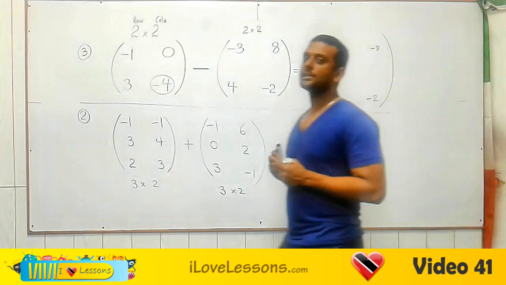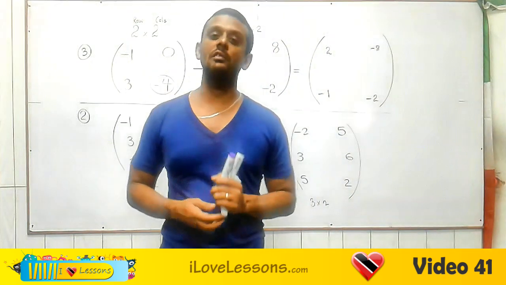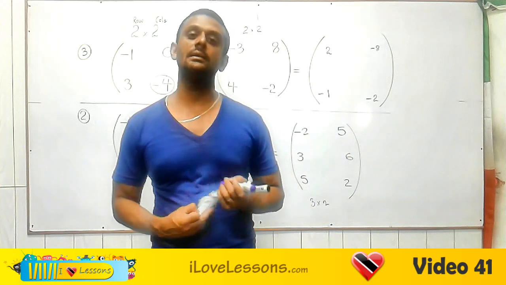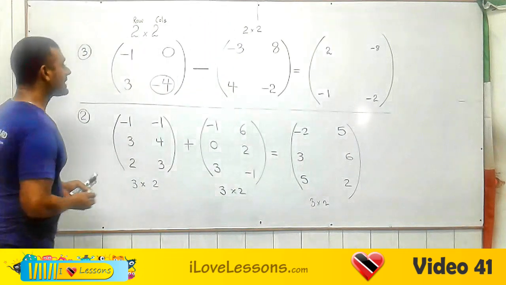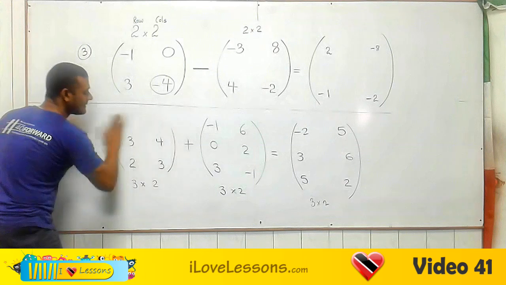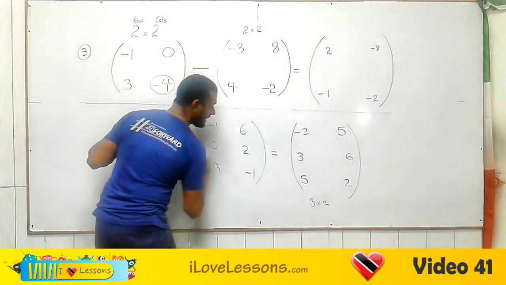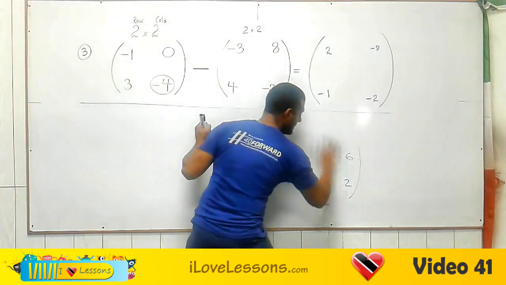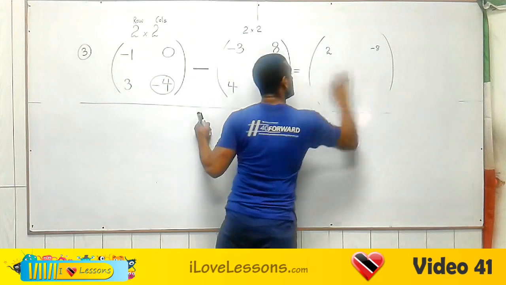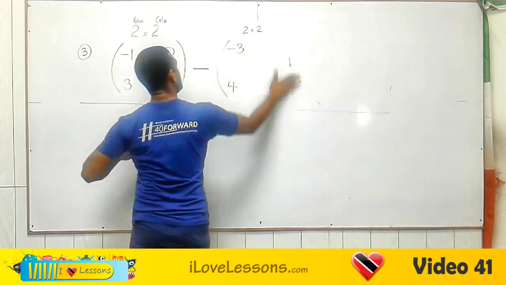So you see, with subtraction, you just have to be on the lookout for the two negative signs coming together. Let's try a slightly harder example regarding addition and subtraction. This will be question 4 if I'm not mistaken.